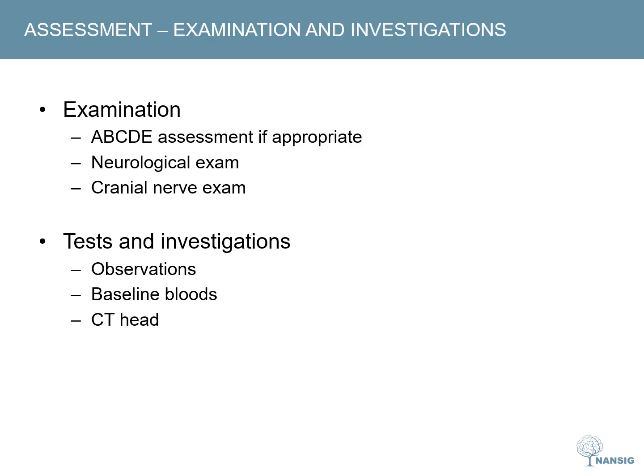So we'll talk in more detail about how to examine and assess patients for specific pathologies later in this talk, but as a general overview, after taking your history and assessing for red flags, if they're a trauma patient, for example, they'll need a full ABCDE assessment, and that includes high flow oxygen if they need it.